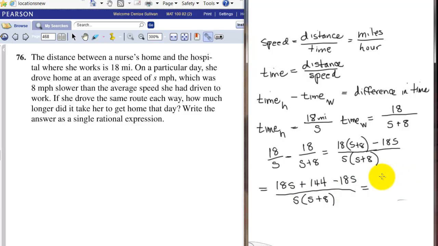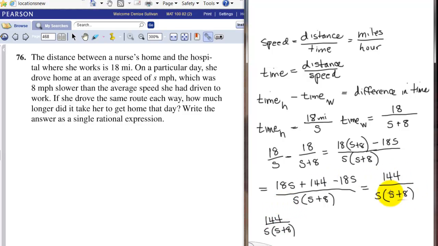They cancel one another. 144 over s times s plus 8, and let me write it down here. We could distribute that multiplication, but it's not necessary.